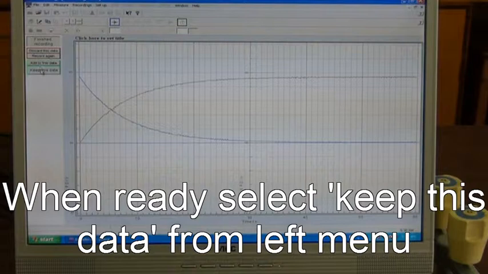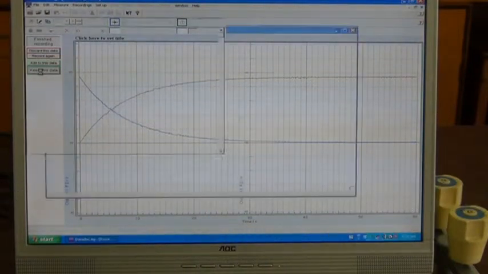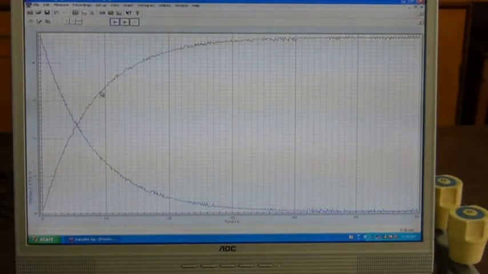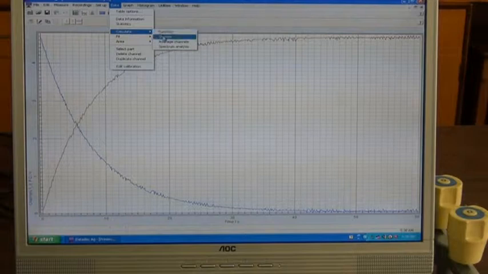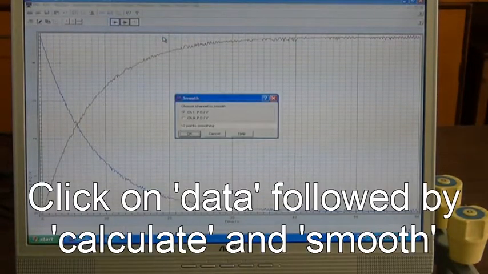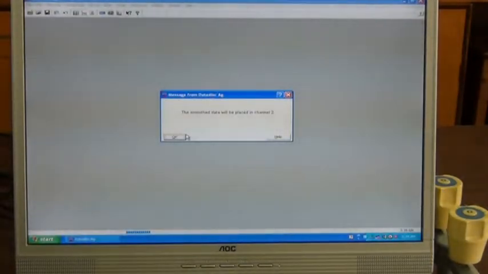When ready, we select Keep this data from the left menu. And we can see simultaneously the charging and discharging curves. We now click on Data followed by Calculate and Smooth, so that we will get smooth lines.